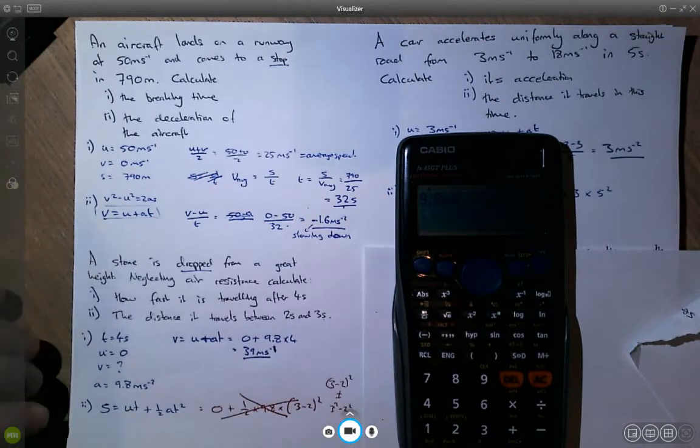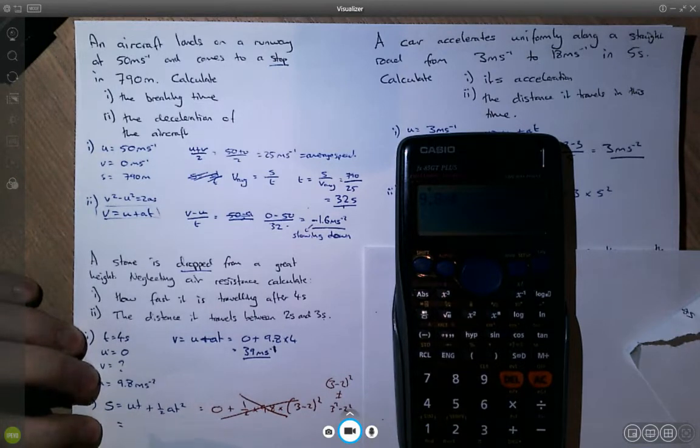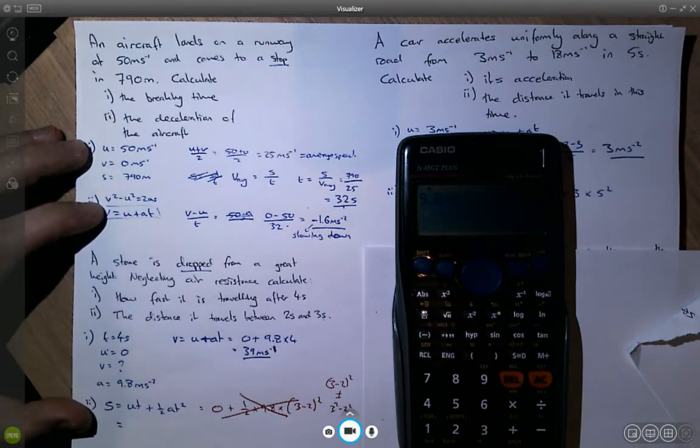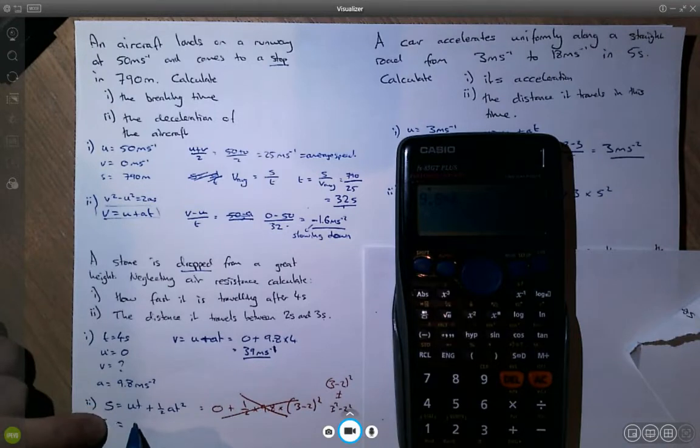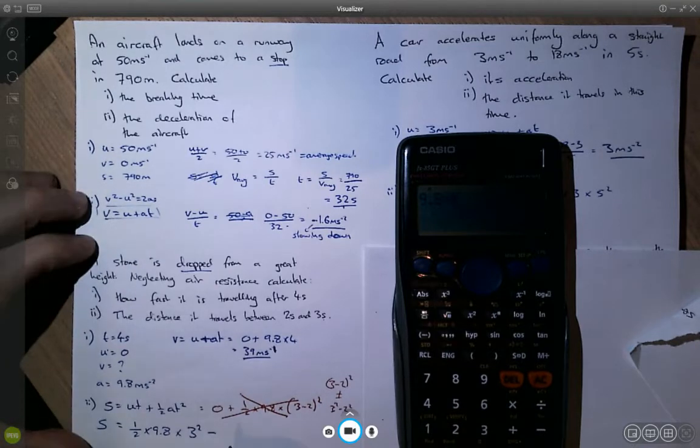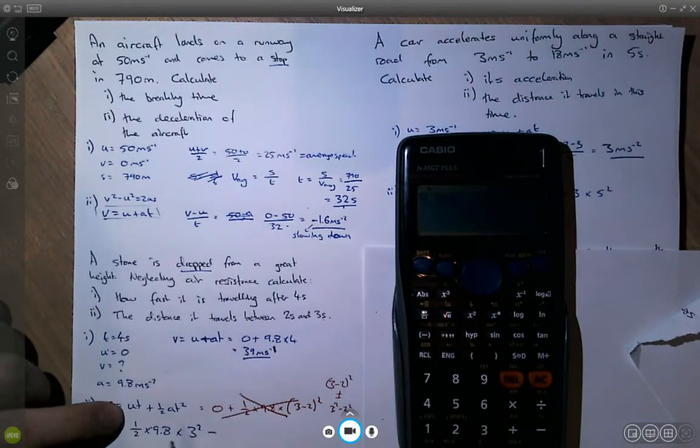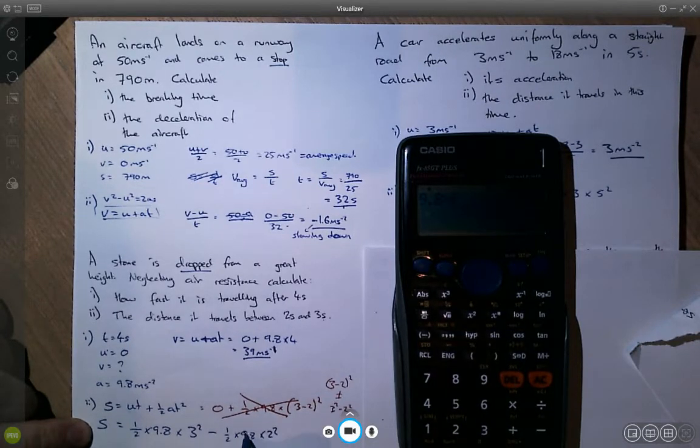So what we actually need to do is work out the distance it travels after 3 seconds and subtract the distance it traveled in the first 2 seconds. So what we need to say is that S is ut, which is obviously 0. So it's going to be half times 9.8 times by 3 squared minus, again, this is 0, half times 9.8 times by 2 squared.